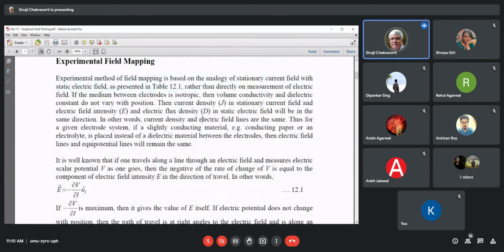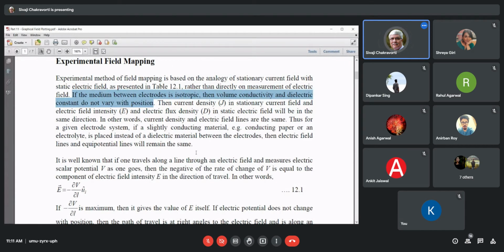Now here what is being stated is that if the medium between the two electrodes is isotropic, you probably know what is called an isotropic medium. That means the material property is independent of the location within the region of interest. That means wherever you measure, the property will be same.